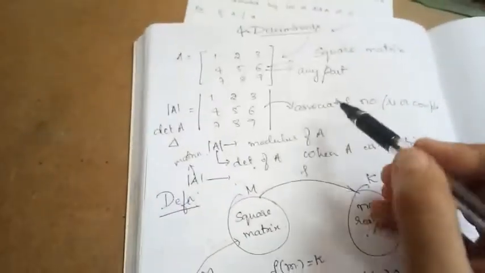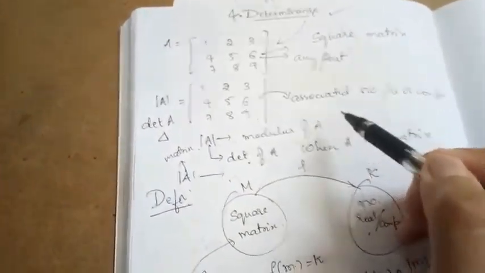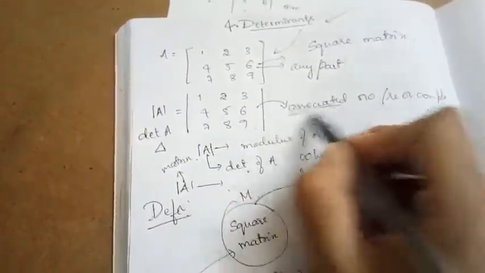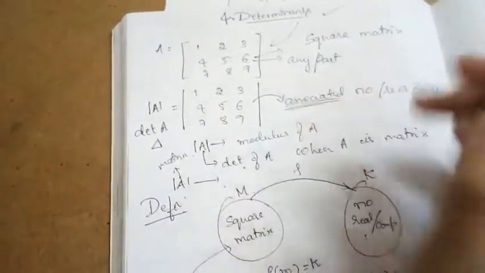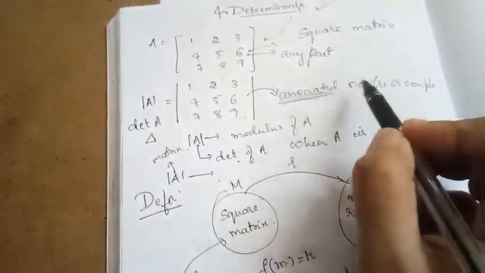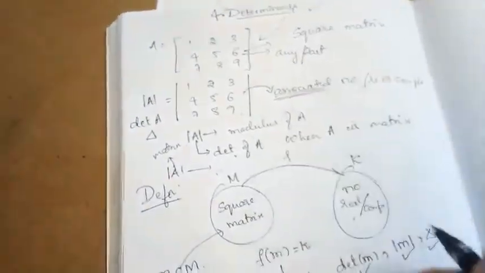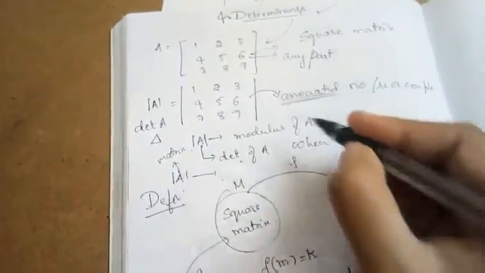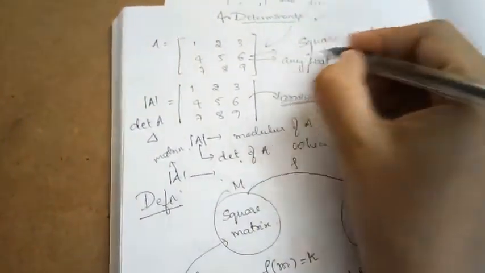Please note down in this introduction itself, first, the determinant value is associated with a number. I will tell you how we are going to get this number after this introduction. Whatever number we get, the determinant is computed only for the square matrix.